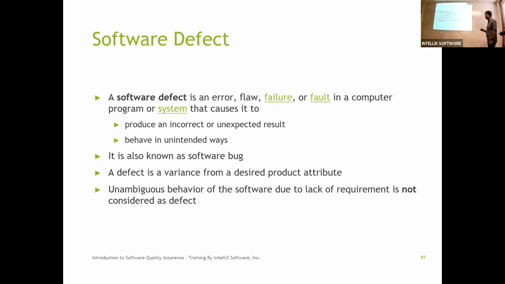A lot of times you'll hear the word defect versus bug. They are more or less the same thing. People tend to treat defect as the same thing as a bug, with the caveat that if your system behaves unexpectedly, but that result was because the requirement was not clear or was ambiguous, then it's not a bug.